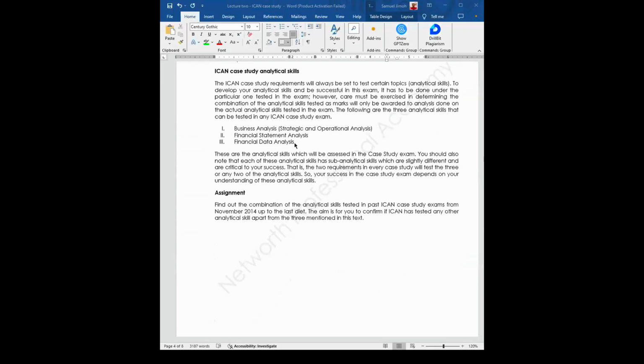And the good thing about understanding these analytical skills is that the 2 requirements in the exam can only test these 3 analytical skills. The 2 requirements can only test either 2 or the 3.